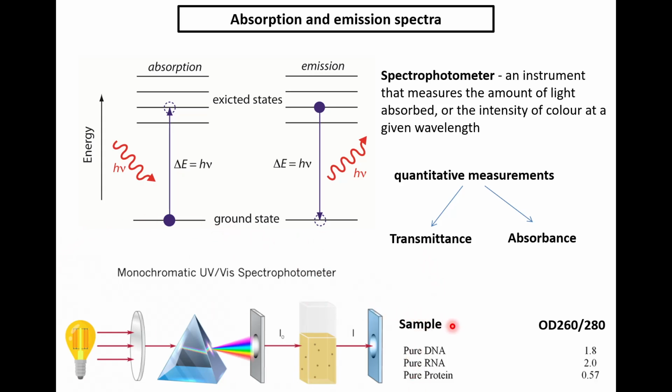Now, an example of the use of this UV-visible spectrophotometer: in some interviews you can be asked, you have a spectrophotometer with you, and you have been given three tubes. In one of them you have DNA, in another one you have RNA, and in another one you have protein, and there is no label on the tubes.